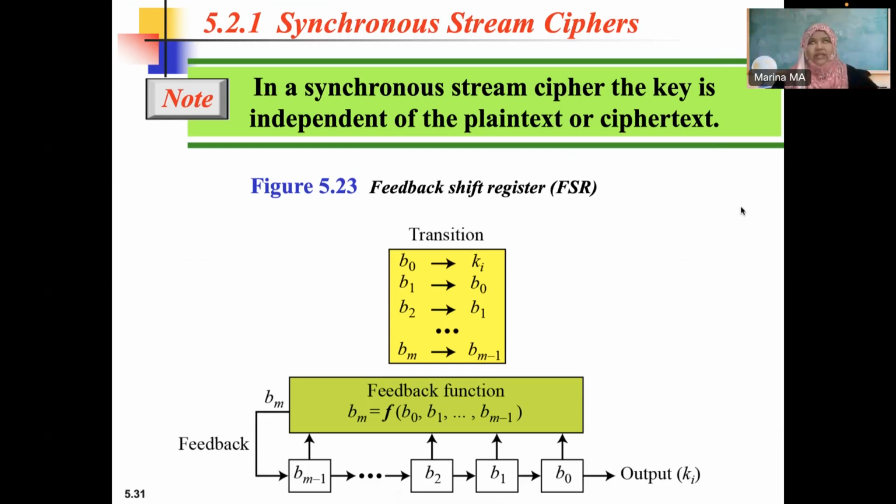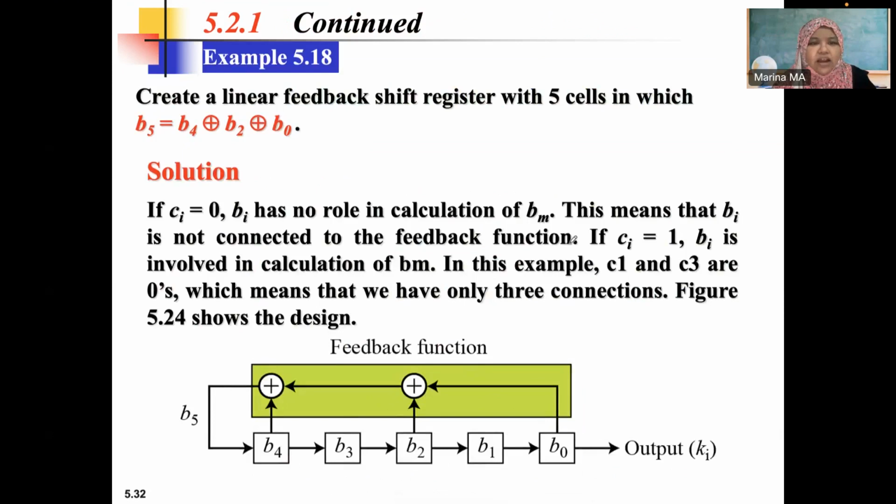I'm imagining I'm in a river. So the first technique, or maybe the only technique that I will show you in synchronous stream cipher, is called feedback shift register, FSR. Actually, the one that I want to show is LFSR, linear feedback shift register.